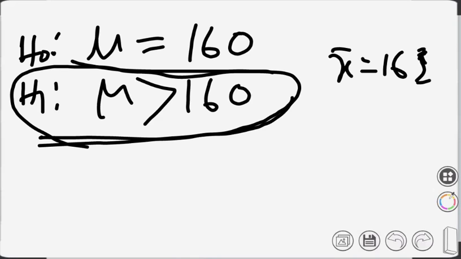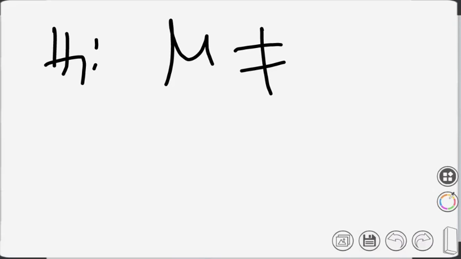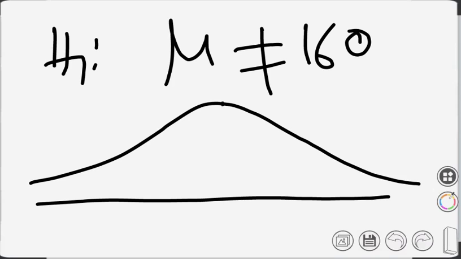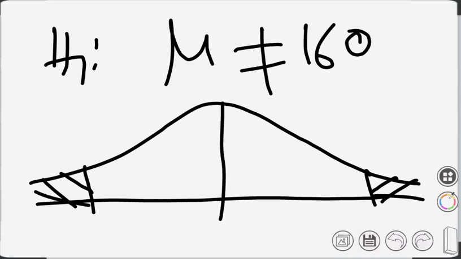Now, as I was talking about two-tail, left-tail or right-tail tests, please listen carefully: if the alternate hypothesis is mu not equal to 160, then the corresponding test is called a two-tail test, and the critical region is distributed on both sides of the acceptance region.